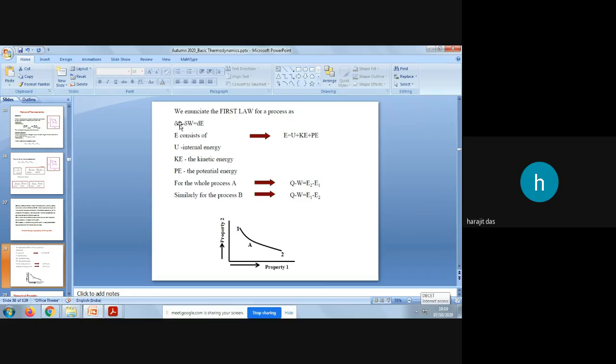One very high velocity ball, or moderate velocity ball, when it was moving on the floor and suddenly it is stopped, some heat will generate. Due to work application the ball will stop and the temperature will rise. So for that process, δQ minus δW is equal to dE.